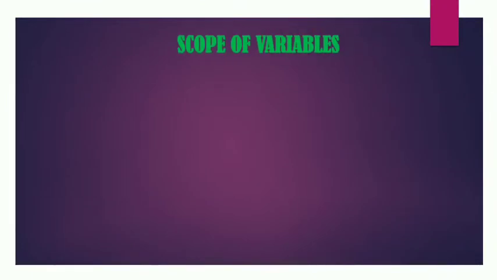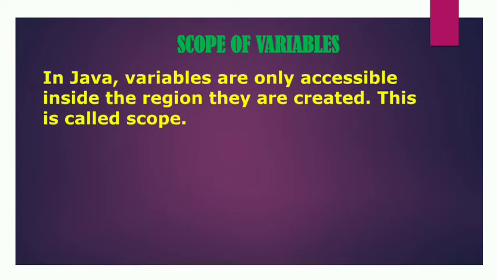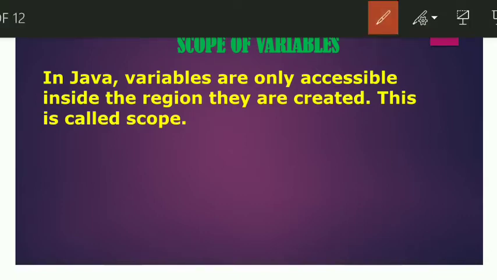Scope of variables. Let's try to understand the meaning of scope. In Java, variables are only accessible inside the region they are created. This is called scope. Now, as you know, while writing the program, we always start with an opening brace, and after we finish the logic of the program, we close with the closing brace.